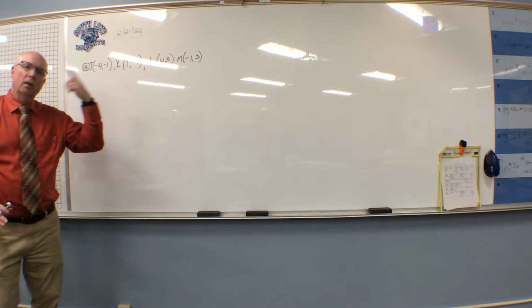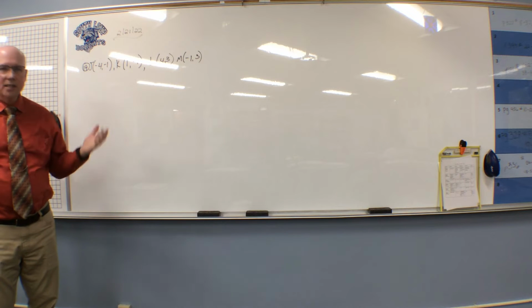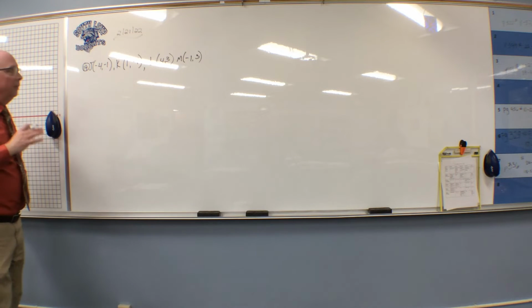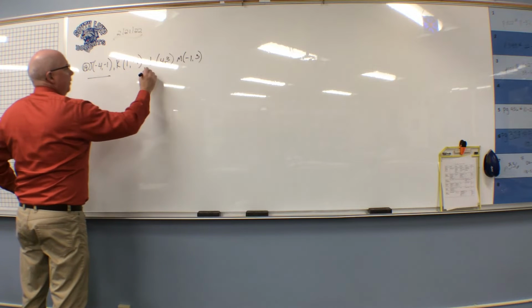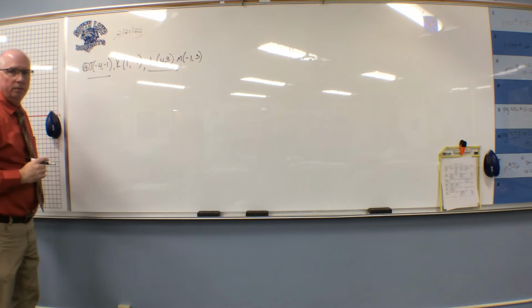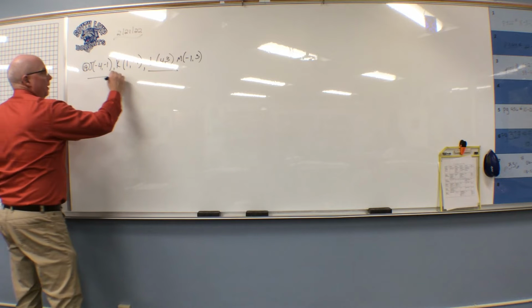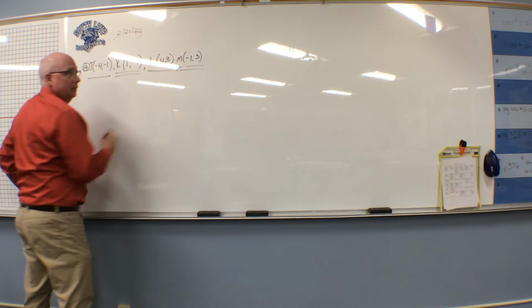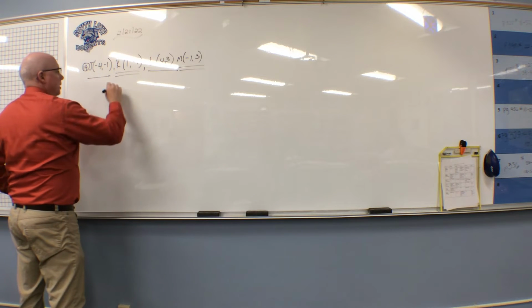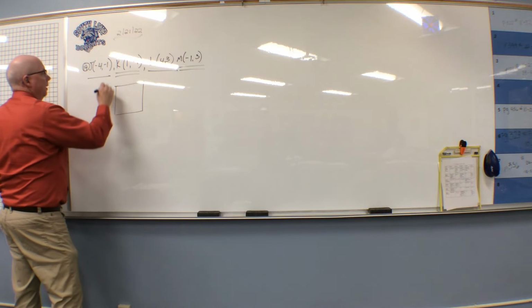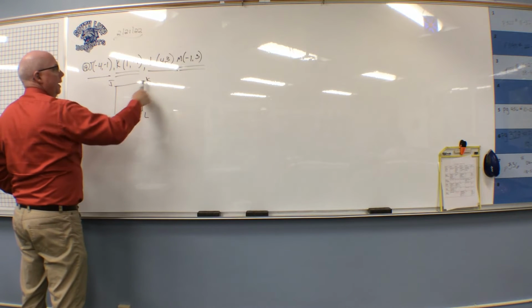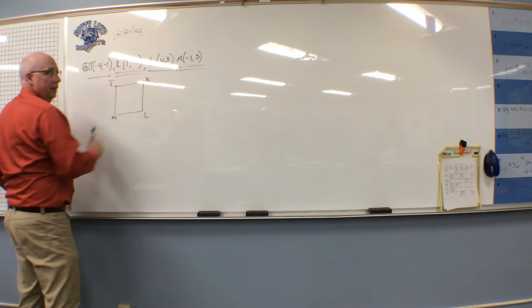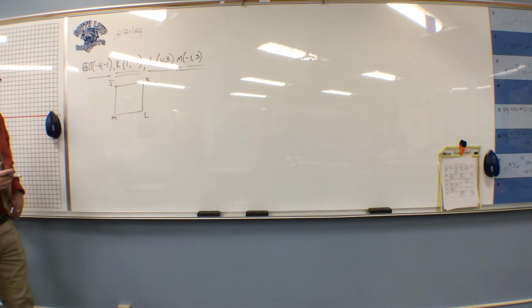And since we go clockwise or counterclockwise, it does not matter which way you go. I know that this point and this point are opposite of each other. I also know that this point and this point are opposite of each other. So if I draw this and go J, K, L, M, you can see that MK and JL cross. You understand? Those are the diagonals.